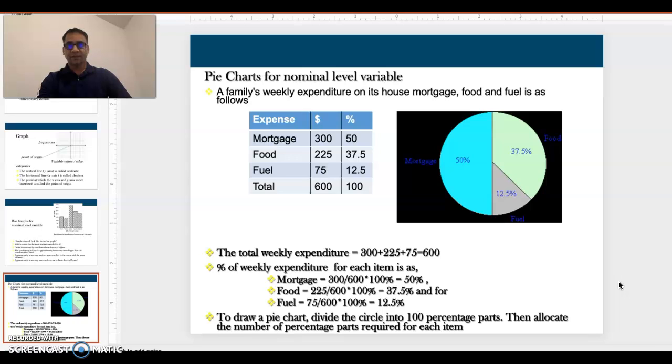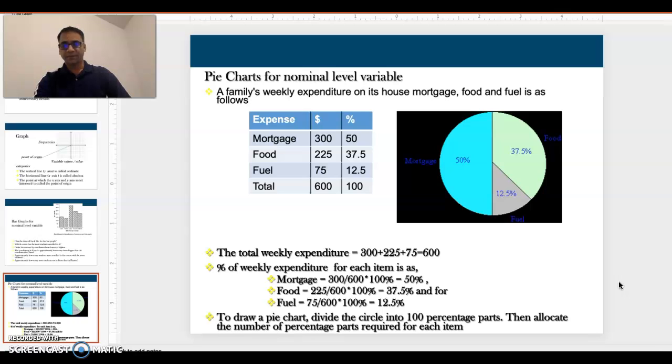There is $300 for mortgage expenses, food $225, fuel $75, so total $600. In the third column we have listed what percent of this total each expense is. Accordingly, in this pie chart you can see 50% goes to mortgage, 12.5% goes to fuel, and 37.5% goes to food.